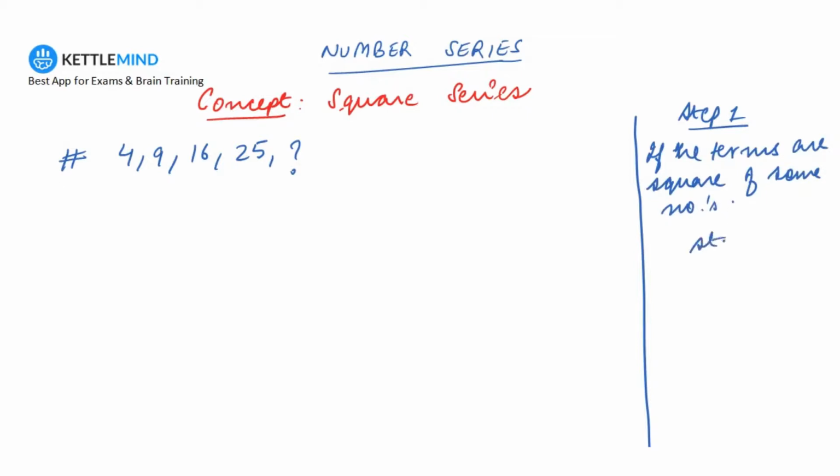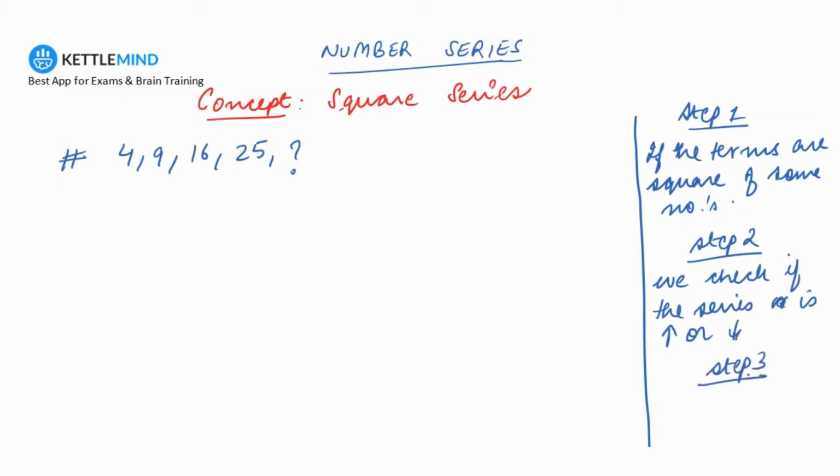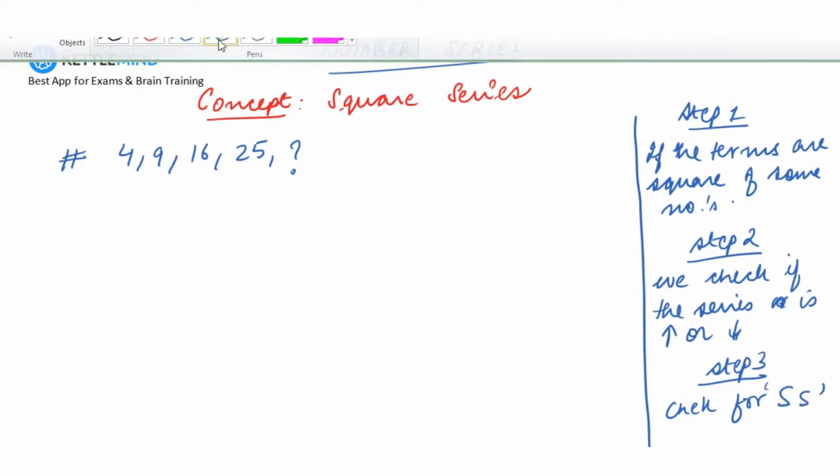Then step 2 is we check for a pattern, whether the series is increasing or decreasing. Then step 3 says check for square series, right? So now following these steps again in order to evaluate this example.